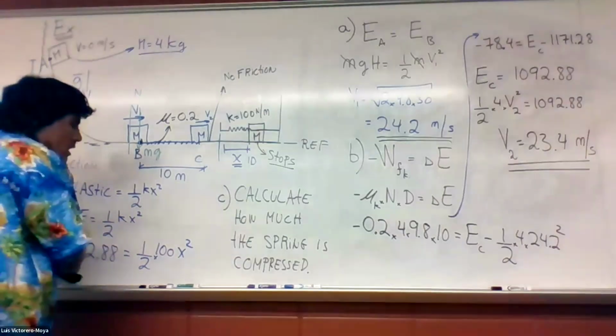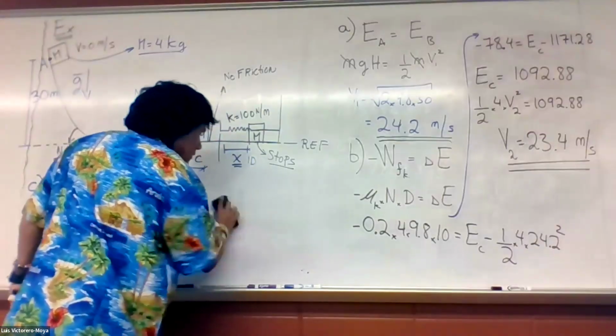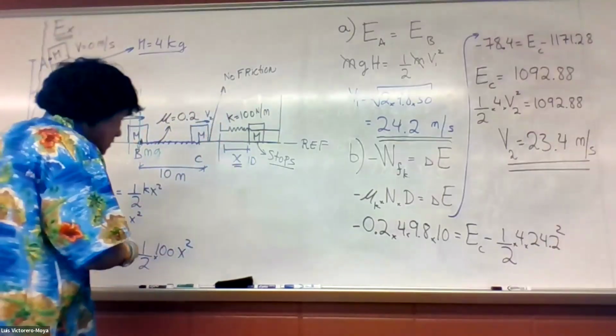And you solve for x. Okay, you guys do the math. How much do you get for x? I mean, I already did it, so I know how much it is.